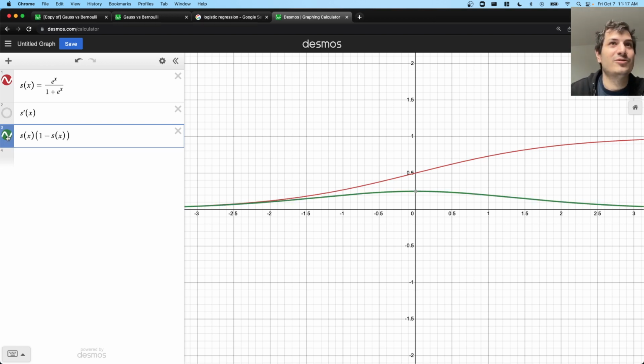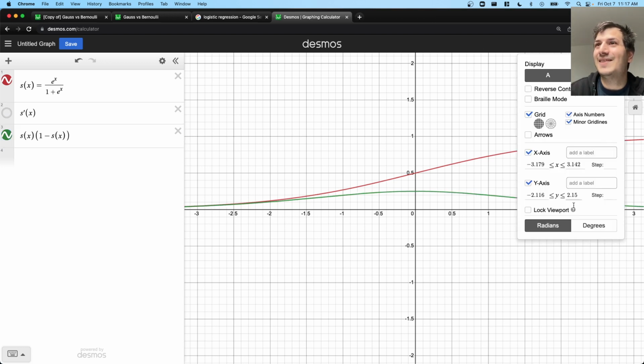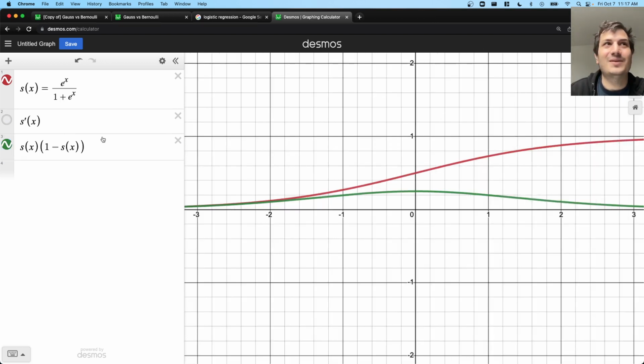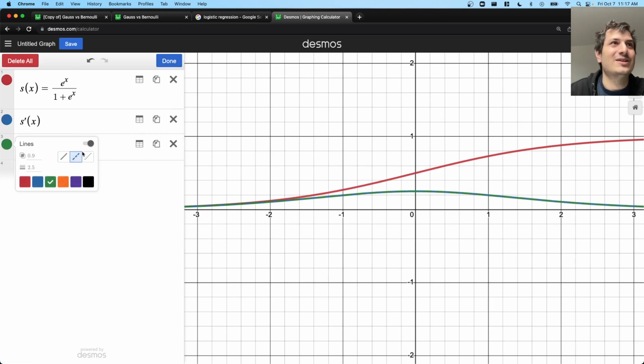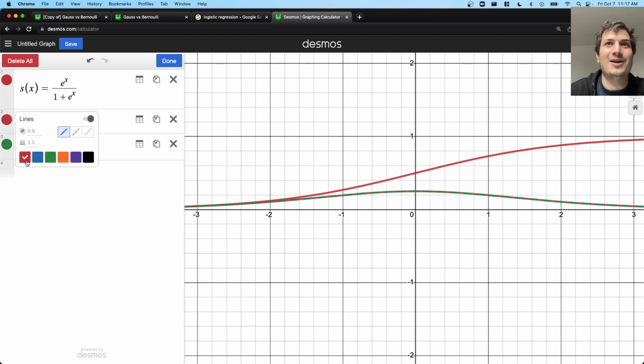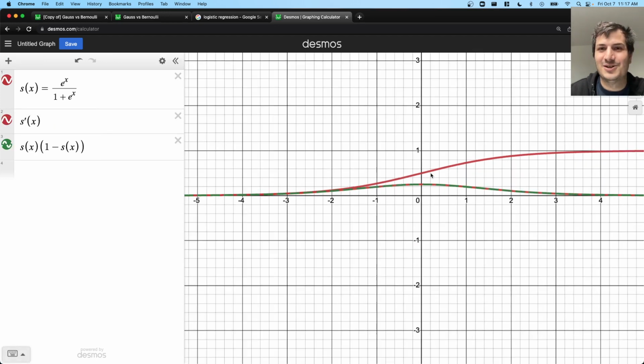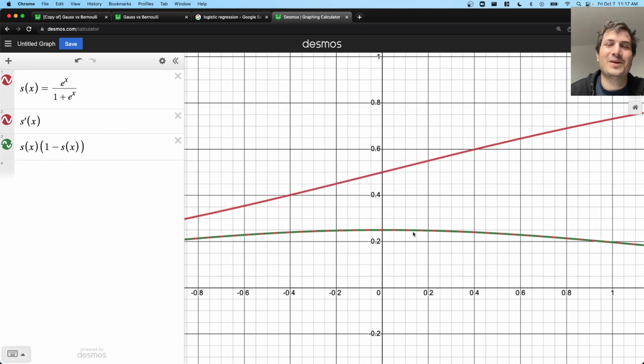So blue curve, green curve, blue curve, green curve, they're the same. So that's like the miracle that happens, that these two things are the same. I guess we can make one of them dotted so you can see. Okay, let's make this one red. We got nice like Christmas colors over here. They're the same curve, and it really just comes from some miracle property of the sigmoid function. This is why the logistic function is so important, is because it does this.